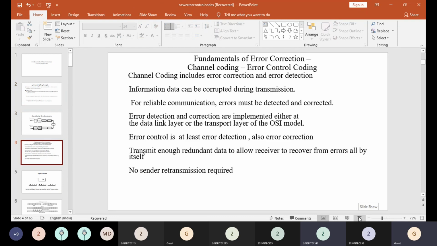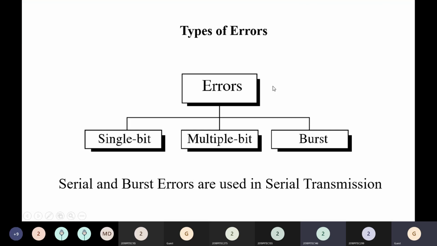We'll pass on further to the types of errors. Errors might be due to a single bit error, or it might be more than one bit, multiple bits, or burst errors, a group of bits. Single bit errors and burst errors mainly occur in serial transmission, serial bit by bit transmission.